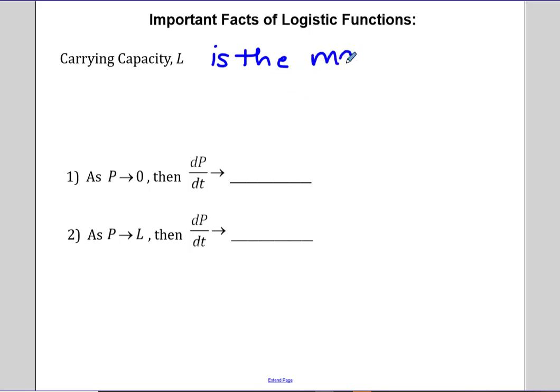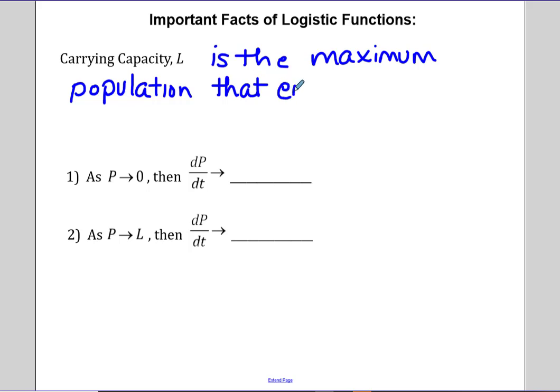It's the maximum population that some environment is capable of sustaining.